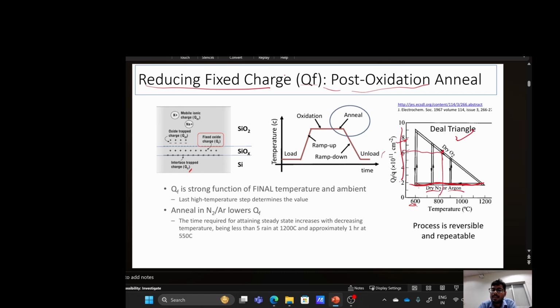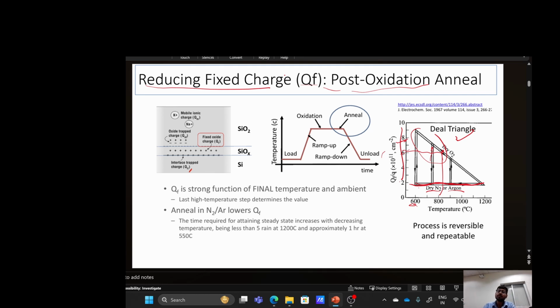If we have done the oxidation at higher temperatures, or at lower temperatures as well, fixed oxide charges will be there, because there will be stoichiometry kind of defects.